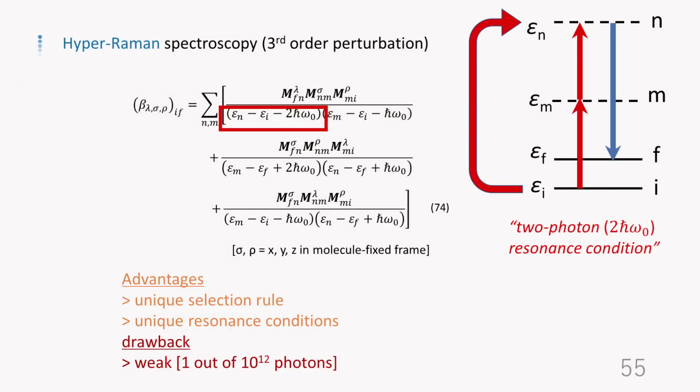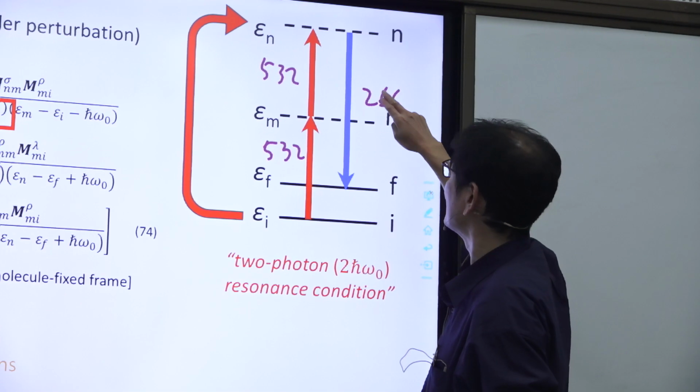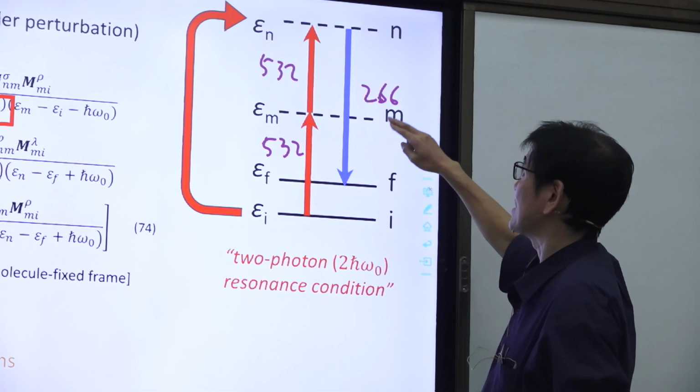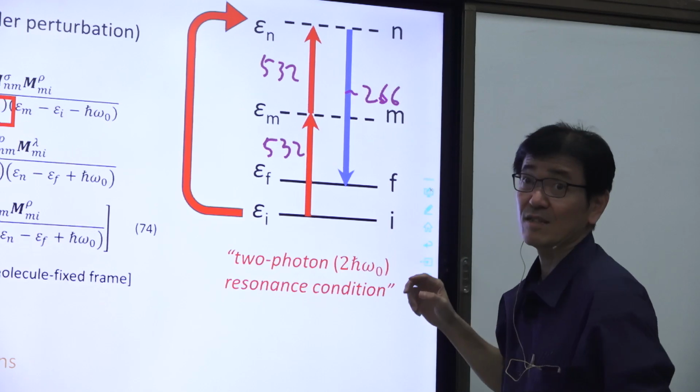And in this case, one process is that excitation occurs twice. So if this is 532, then the excitation beam, Hyper-Raman signal is nearly 266.